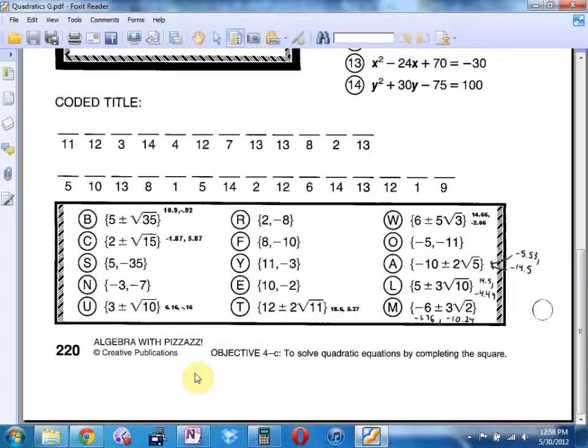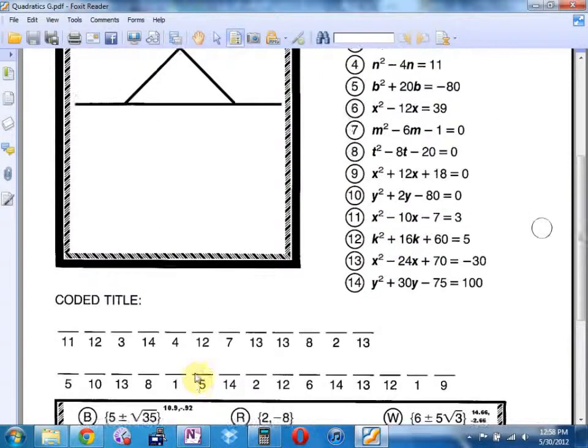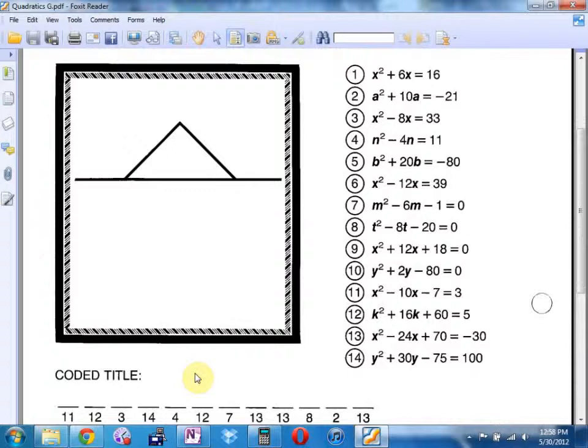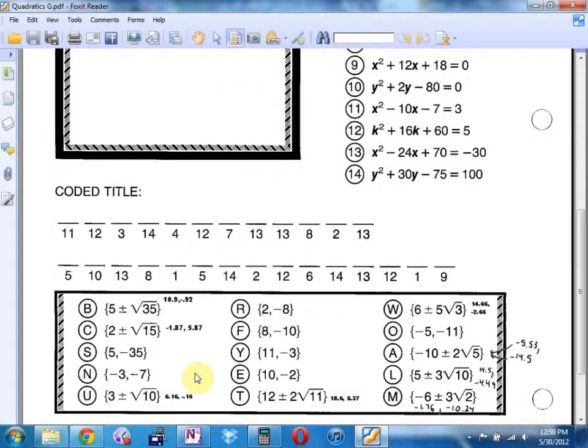These are all quadratic equations, but you're probably going to have to go minus 16 from both sides. Probably have to go plus 21 from both sides. If they factor, and some of these will, the ones that didn't work out to yucky decimal answers will factor. If you can find two numbers that multiply, use the factoring method. Otherwise, you'll have to use the quadratic equation method.